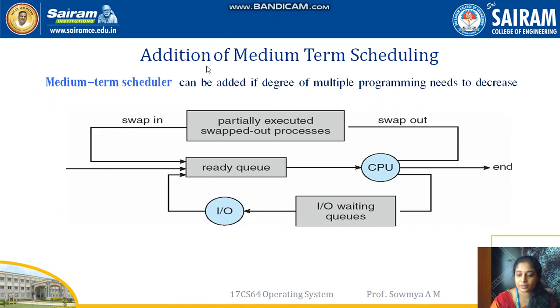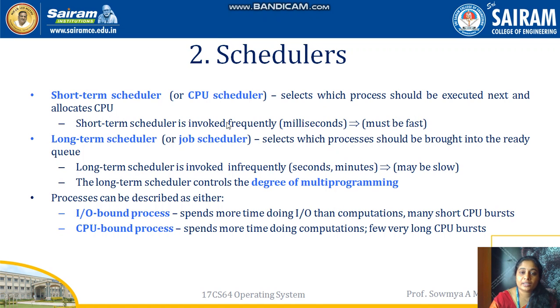Next one is the scheduler. For the ready queue we have two types of schedulers: the short-term scheduler and the long-term scheduler. The short-term scheduler is based on the CPU's time, and the long-term scheduler is the job scheduler.